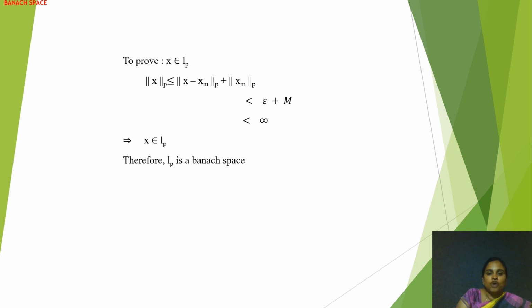Which implies norm x in l^p is less than or equal to norm of x minus x_m in l^p plus norm of x_m in l^p, which is less than epsilon plus capital M, which is less than infinity. Therefore x must belong to l^p. Therefore l^p is a Banach space.